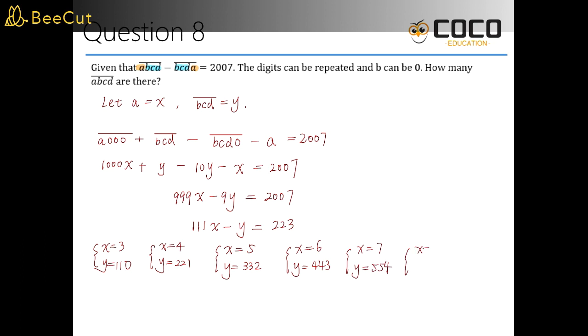When X equals 8, Y equals 665. And lastly, when X is 9, Y equals 776. So here you just need to take note that A is a 1-digit number and Y is a 3-digit number. So altogether from 3 to 9, we have 7 possible answers. So answer is 7.